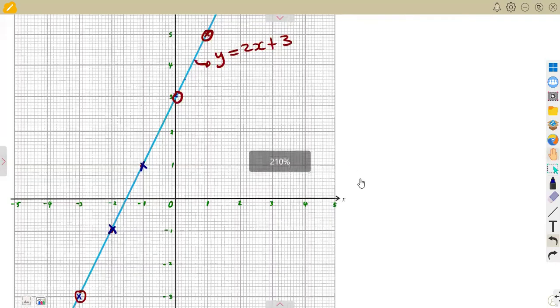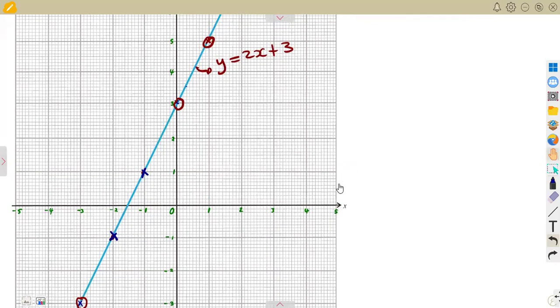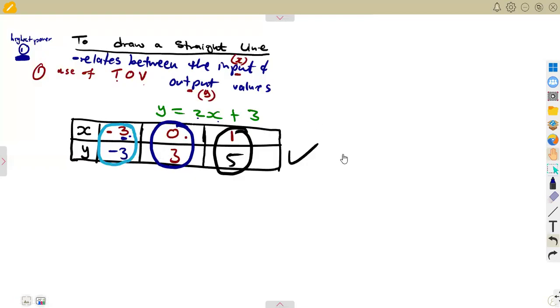So like I said, there are many methods we can use to draw lines. There are so many methods that we can use. The first part is the table of values, which focuses on the output and input, where the output is controlled by the input.